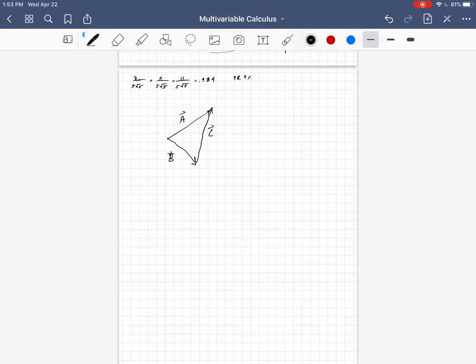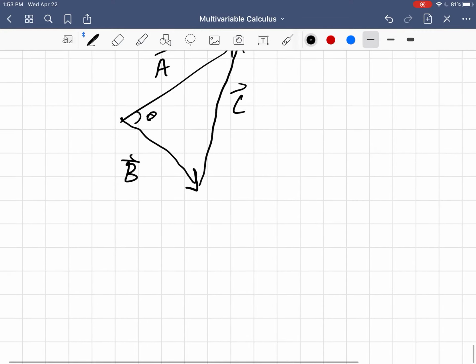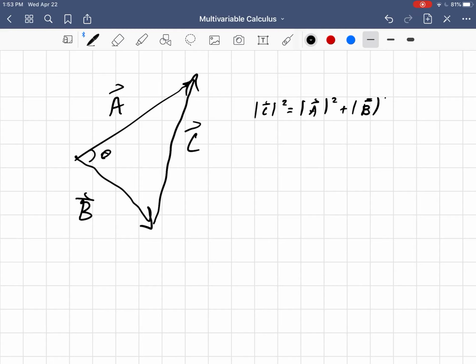So let's call this our triangle. This is vector A, this is vector B, and what they're going to do is they're going to add to create this new vector C. And so, let me zoom in. And let's call this angle here theta.